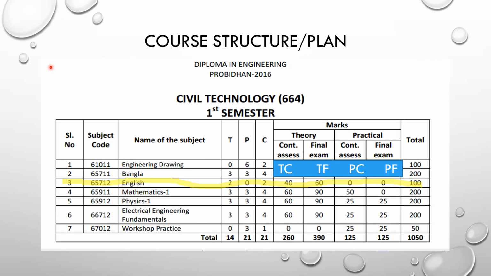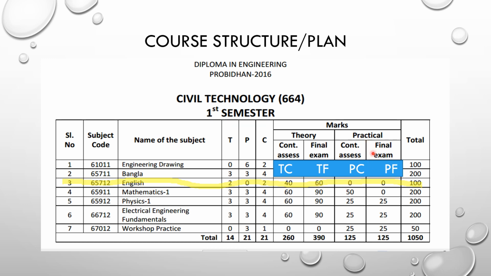Let's discuss the course structure or course plan. This course plan is for the students of first semester Civil Technology, and here we can see the names of subjects. There are 7 subjects in total, and the subject codes, and here the marks distribution, theory and practical. Let's see English here, TPC 202, theory continuous, that is TC, theory final, that is TF, 40 marks and 60 marks.